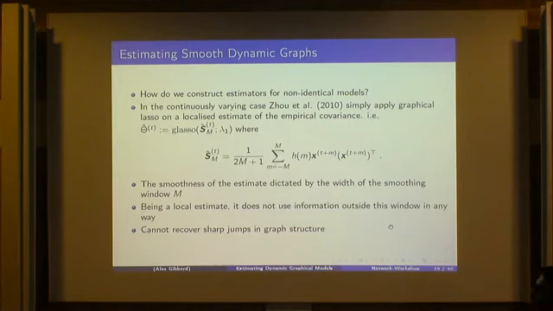But one can clearly see immediately that the smoothness of the estimate will be dictated by the choice of the width of the smoothing window. And the second thing is that, being a local estimate, this does not utilize the information outside this window in any way. So it is very localized in that sense. That tells you this won't be able to recover the sharp jumps in the graph structure, because it only uses observations within that fixed window.